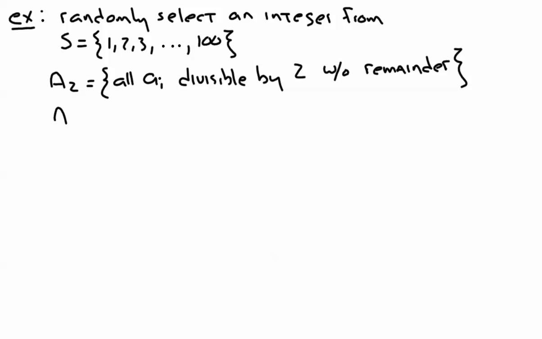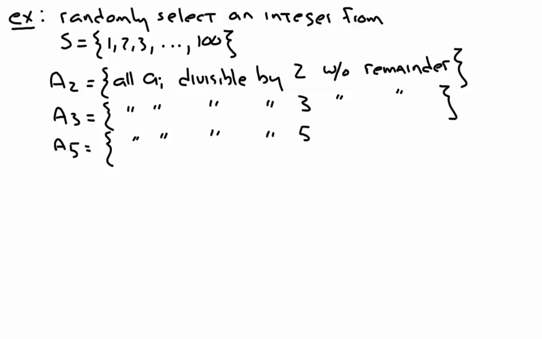A3 is going to be all a sub i divisible by 3 without remainder. And A5 is going to be the collection of integers a sub i, where little i represents the integer value, that are divisible by 5 without remainder.